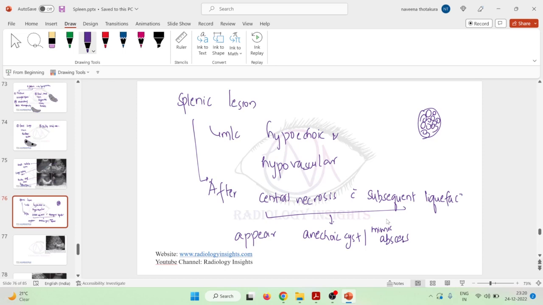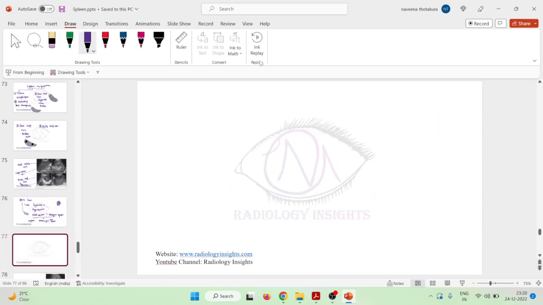Sometimes you might see isolated splenic lymphoma. This isolated splenic lymphoma is actually rare, and is seen in less than 1% of patients with lymphoma.